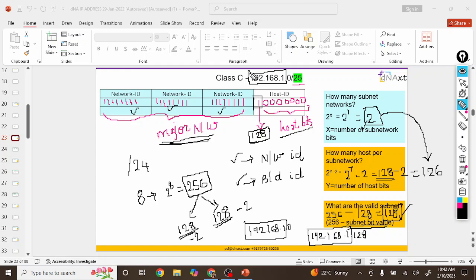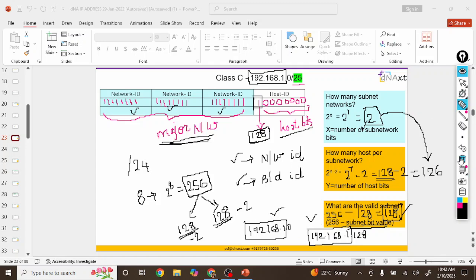Is this clear? 0 plus 128 is 128. So the second subnetwork will start with 192.168.1.128. If you add again 128 to the last octet, it will become 256, and we know that 256 is not a valid IP address. So you will get only these two subnetworks.